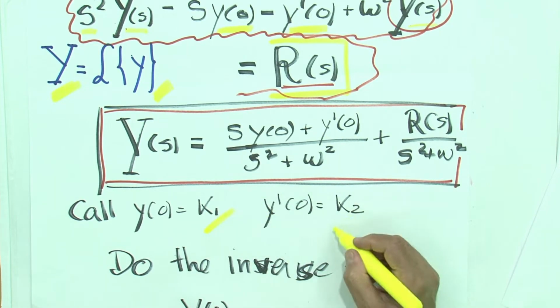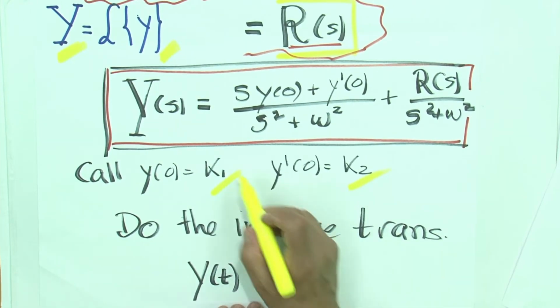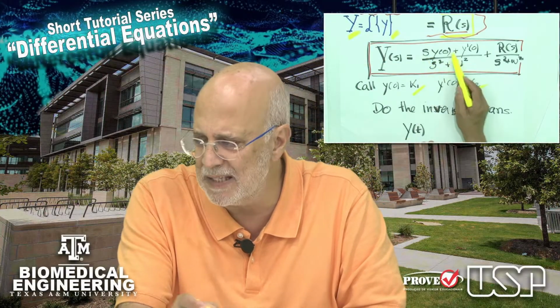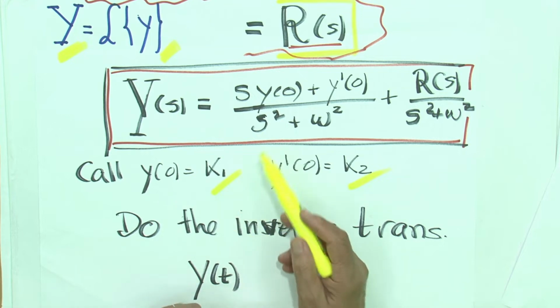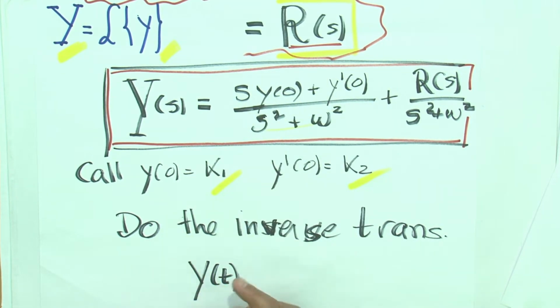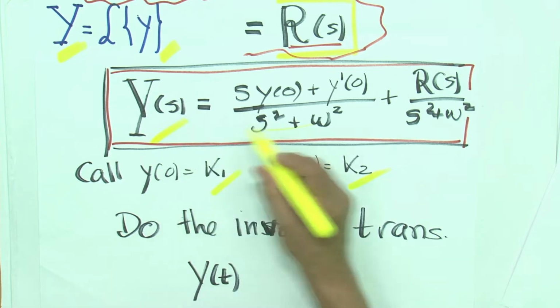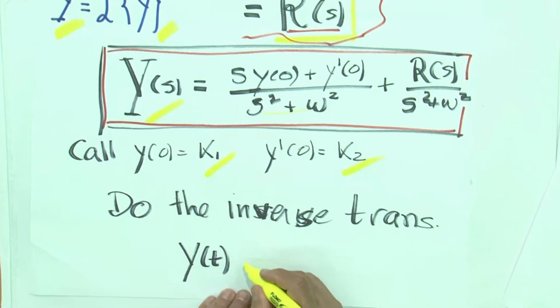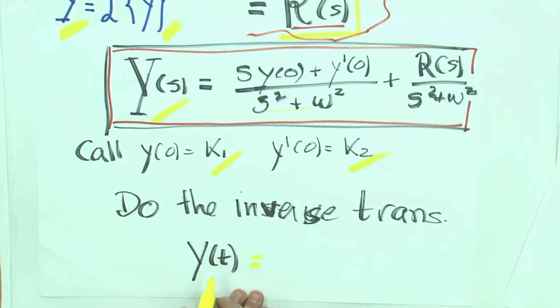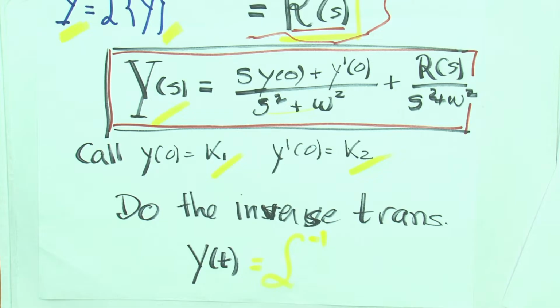I put k1 and k2 as numerical values here, right? So if we do that, we easily identify the solution. The Laplace transform of the solution, and by doing the inverse, we say that small y of t is the inverse Laplace transform.